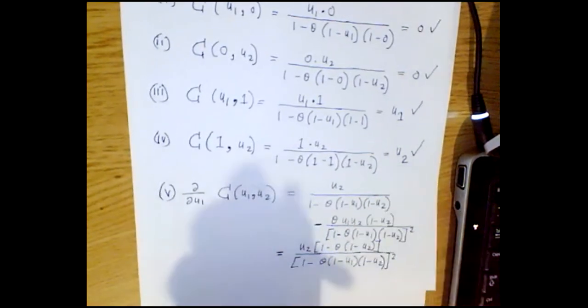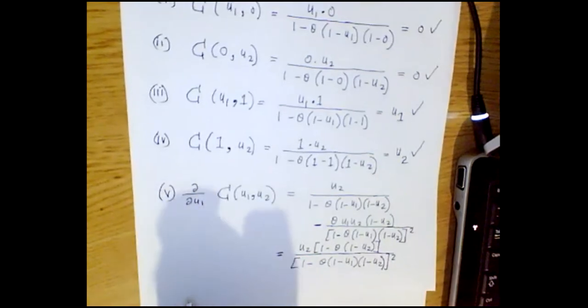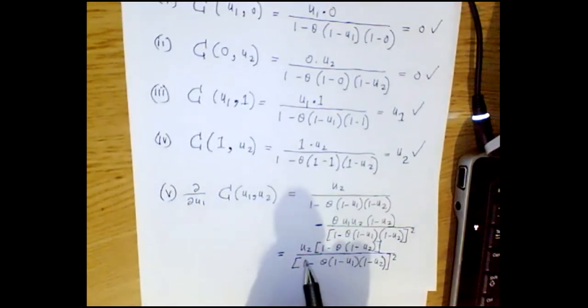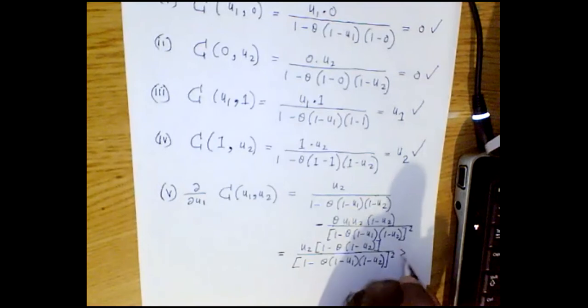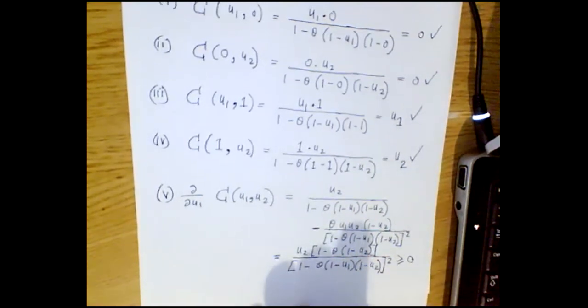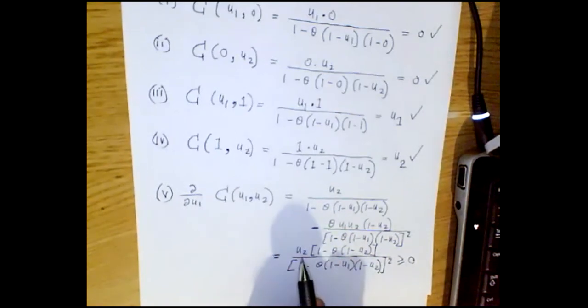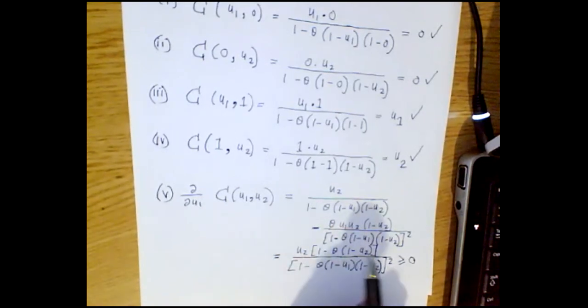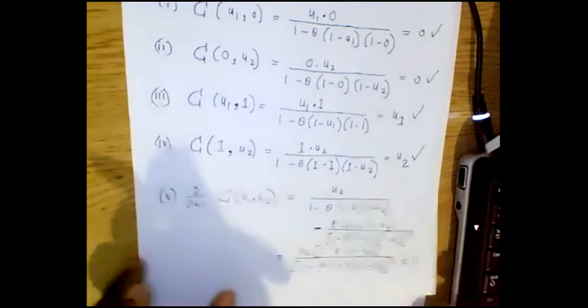Right? So this will reduce to something like this, right? And this is clearly non-negative because u2 is a number between 0 and 1, and theta is a number. So this is also non-negative. So the whole thing is non-negative, right?